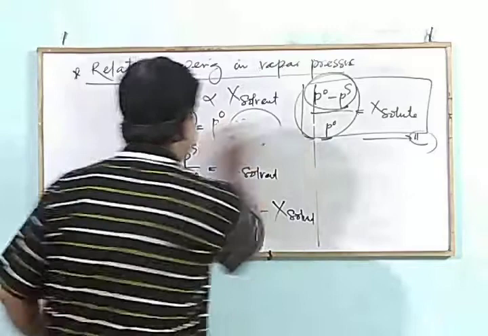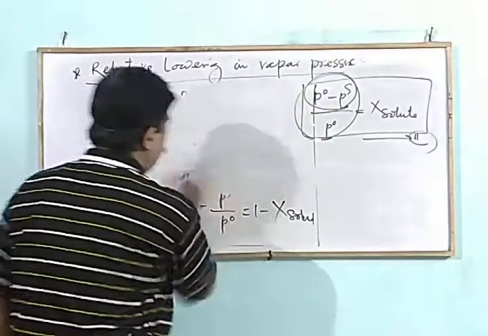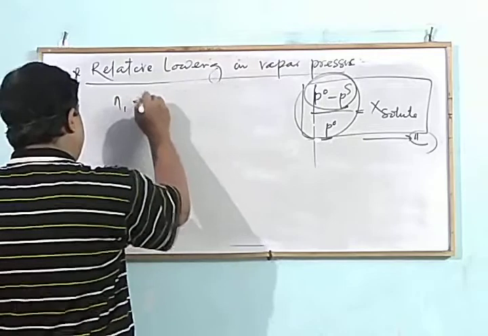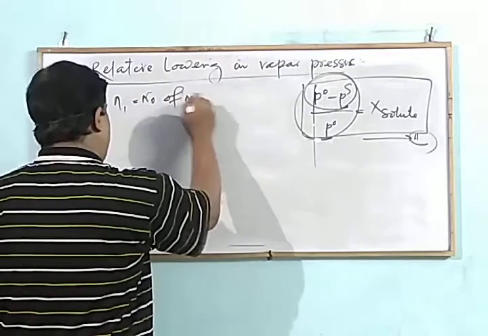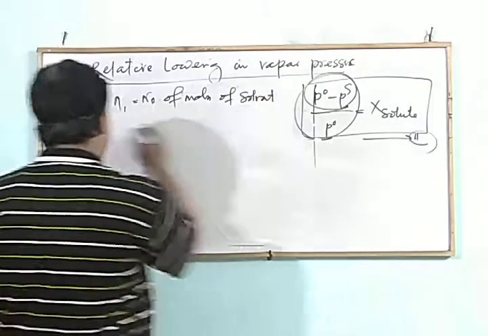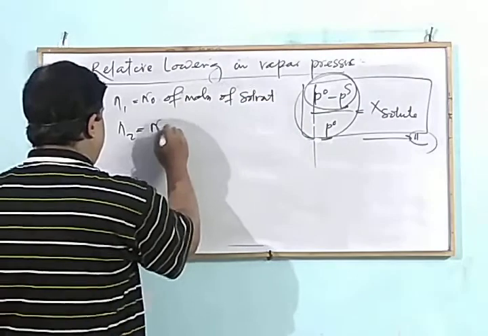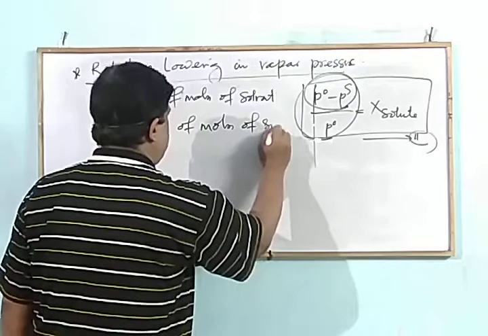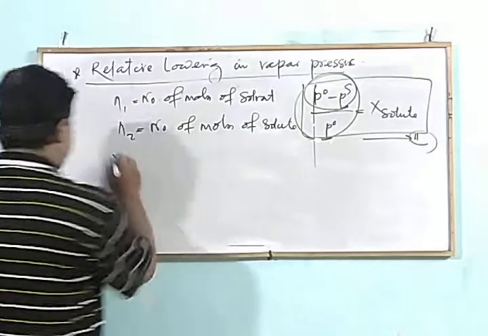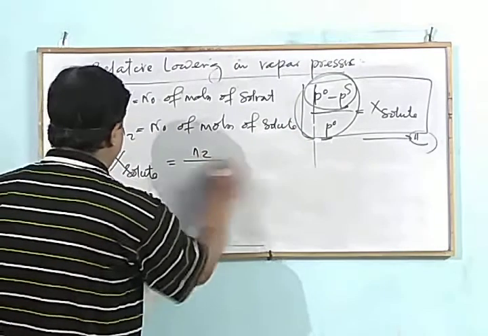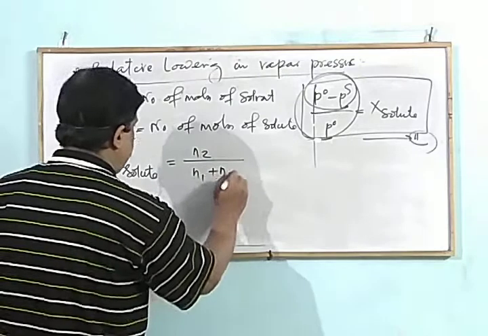If N1 is the number of moles of solvent and N2 is equal to the number of moles of solute, then mole fraction of solute is equal to N2 by N1 plus N2, equation 3.